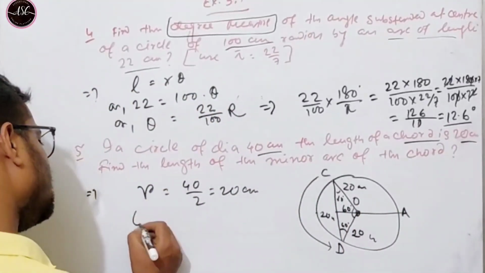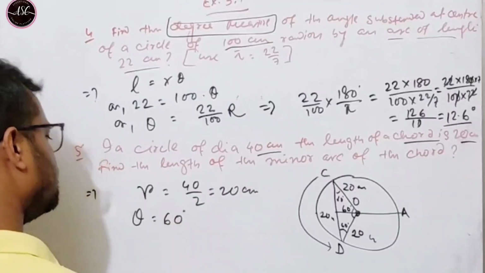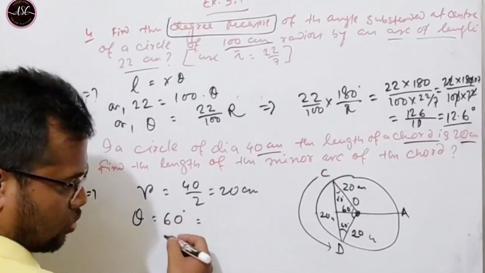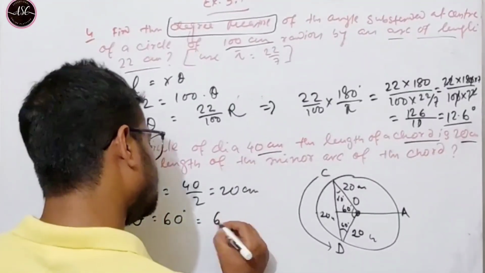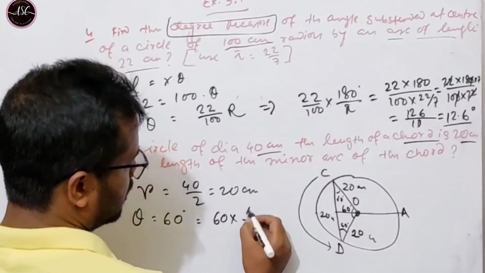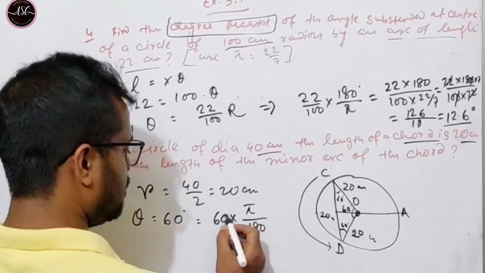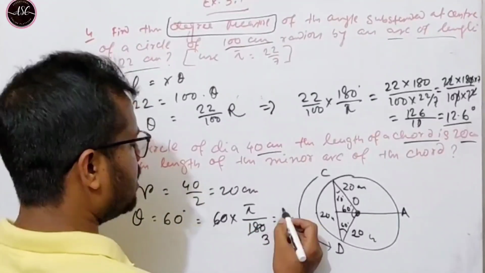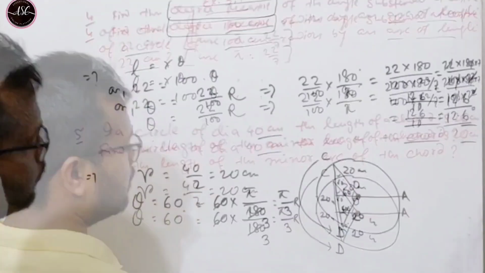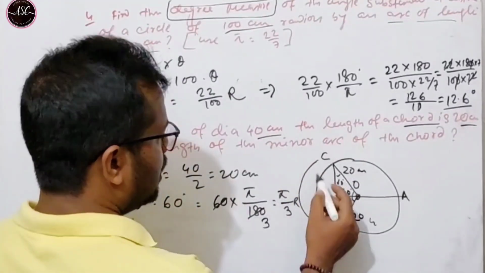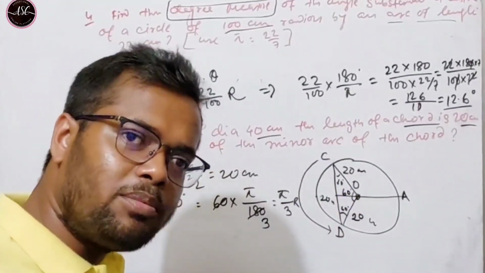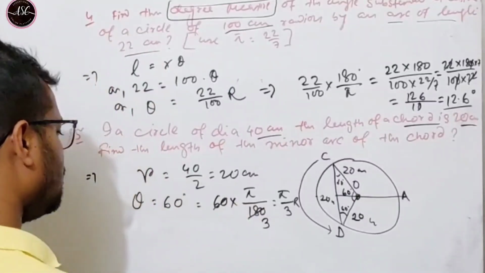So here theta equal to 60 degree. Okay. So we now convert this to radian. Just multiply this with pi by 180. By cancellation we get pi by 3 radian. Now let L is the length of the minor arc.